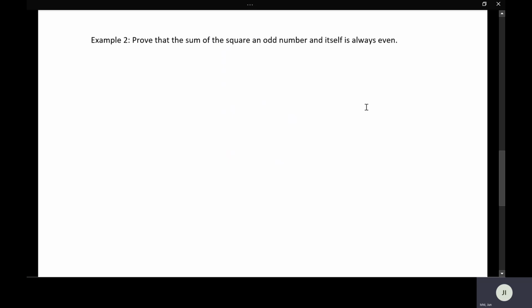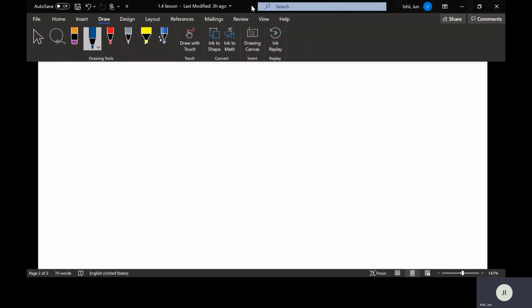And this one is going to be a fairly similar proof. We want to prove that the sum of the square of an odd number and itself is always even. So a lot of words here, and it could be a little bit confusing as to what exactly we're trying to prove. So I'm first going to show how to break this down.